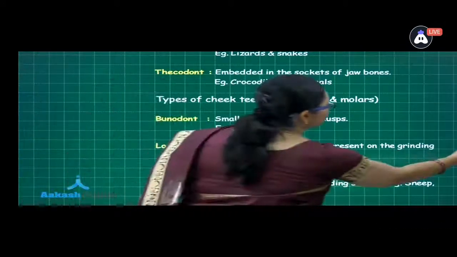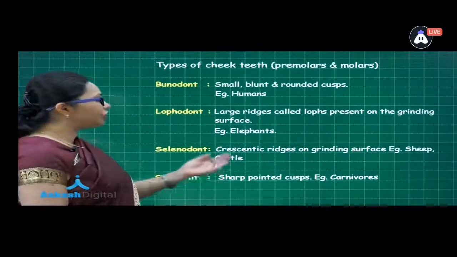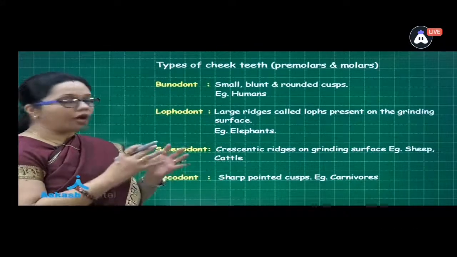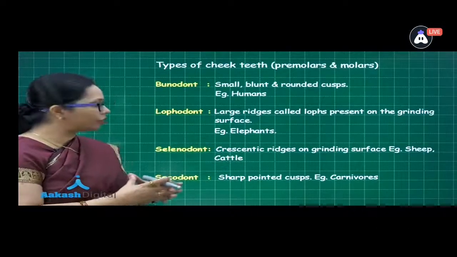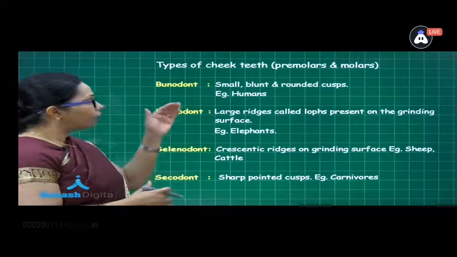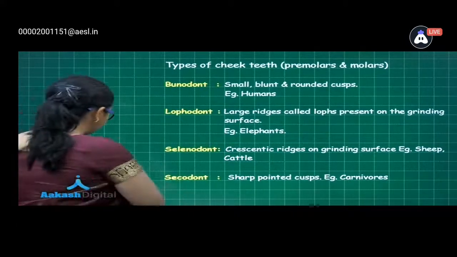And last but not the least, we have secodont, which have sharp pointed cusps for tearing flesh, and these are found in carnivores. Now we can use this information and answer a few questions.